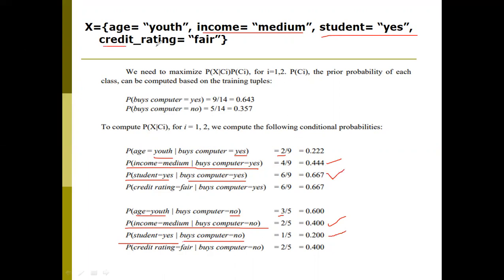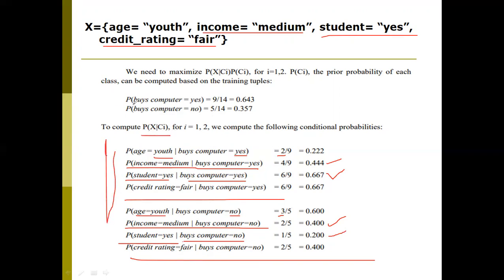Same way, credit rating. Credit rating is fair, so for that also the calculation is done. So till now we have calculated P of X given Ci. These are the values for P of X given Ci, and these are the values for P of Ci.